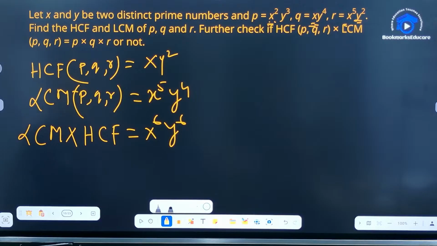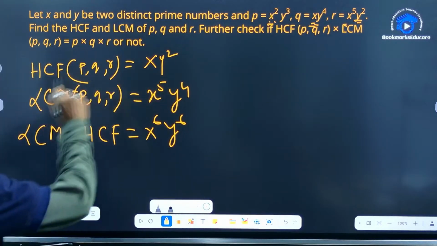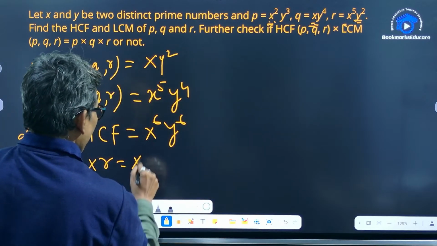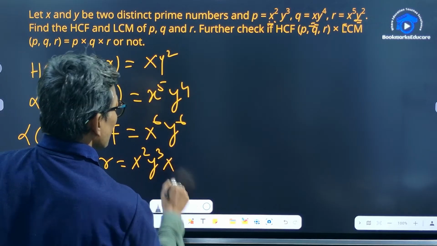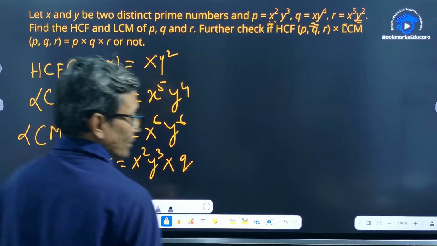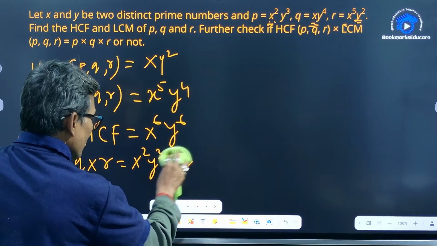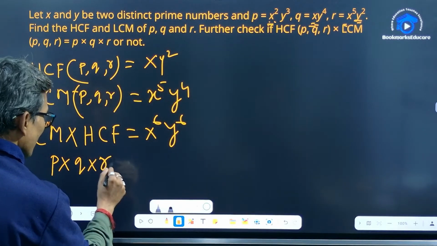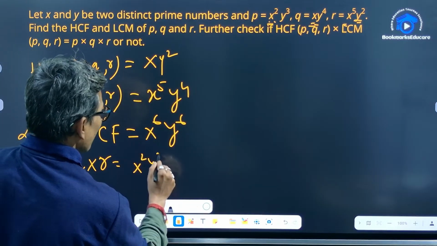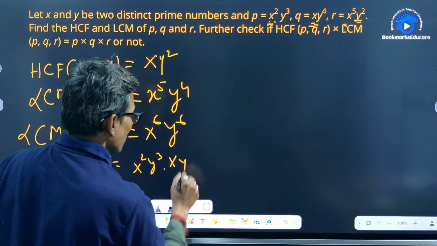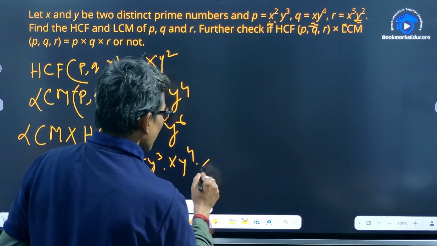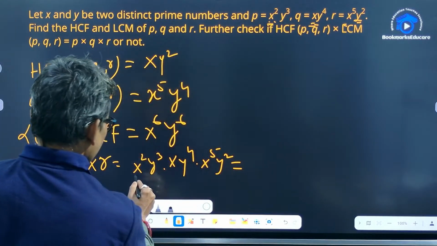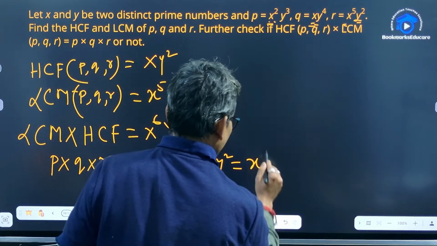Okay, and product of the numbers p into q into r, x square y cube into x into y to the power 4 into x to the power 5 into y square. So x to the power 8.